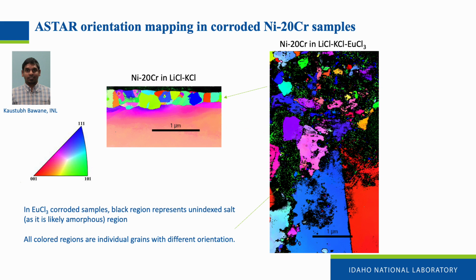And this is the structure without europium chloride. All the grains are still intact on the surface, but in the case of europium chloride, the surface has been impacted a lot, and the grains are going away from the surface.